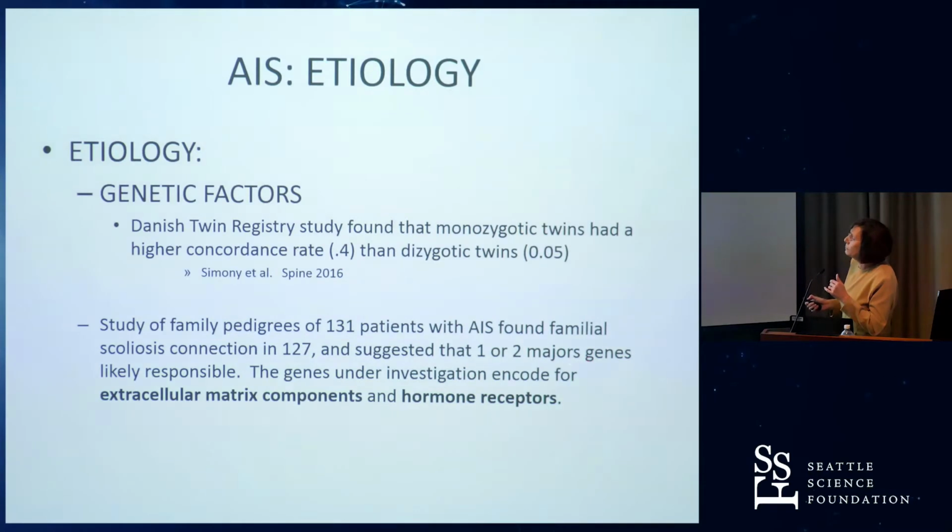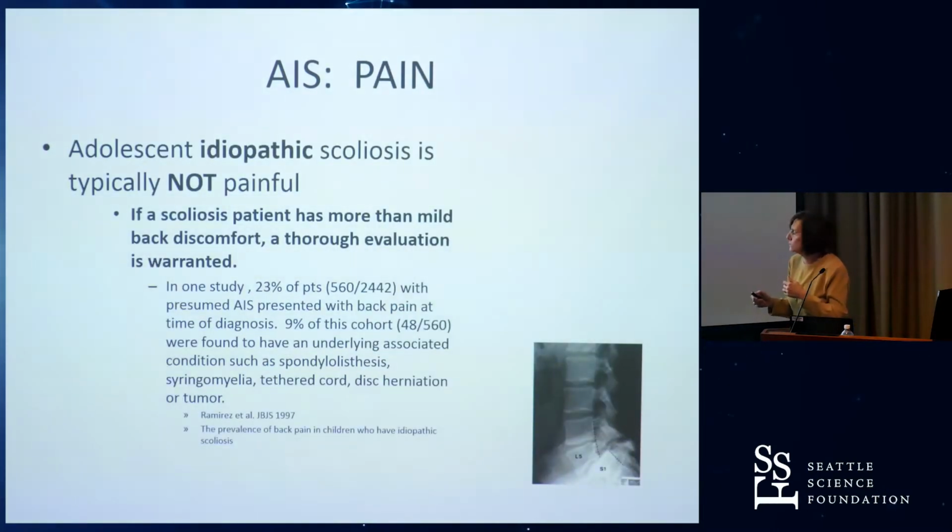They thought that there were a couple of major genes that were likely responsible, that seemed to be encoding for either extracellular matrix components or, again, this hormone receptor may have been a part. When we think about siblings, if you've got a sibling with scoliosis, there's a 7% chance that you might have scoliosis as well. So that was kind of our thoughts about etiology. We don't know, family, but maybe a lot more.